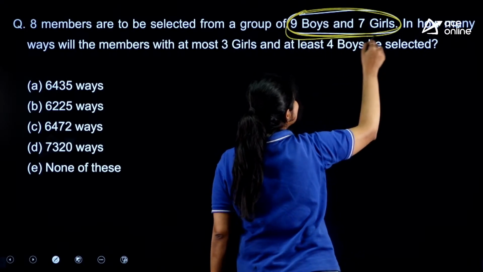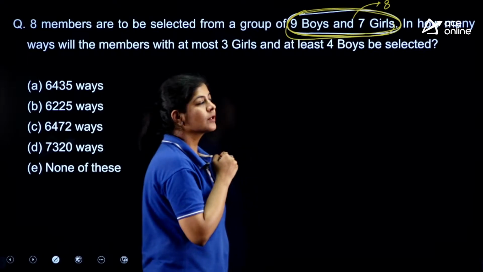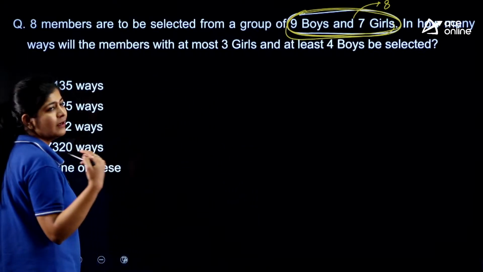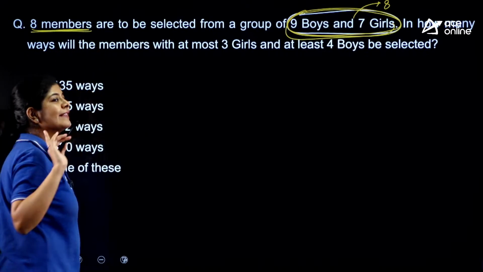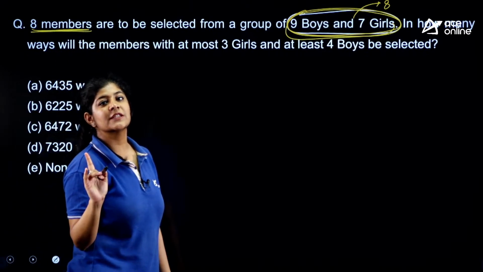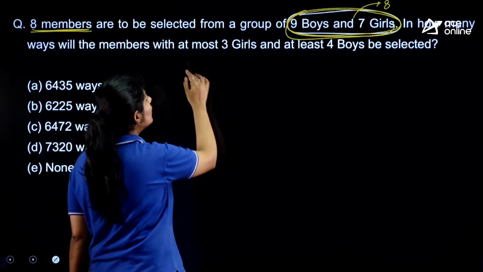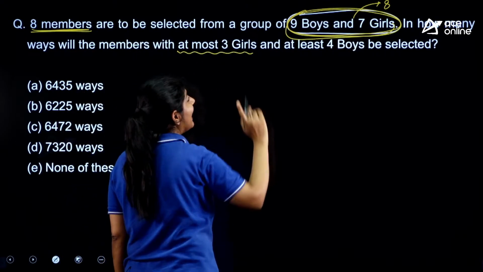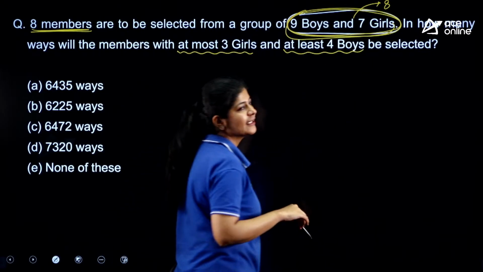Now out of this group I only need to select 8 persons to make a group, and in that 8 members I need to satisfy one condition: at most I need 3 girls and at least I need 4 boys in that particular group.